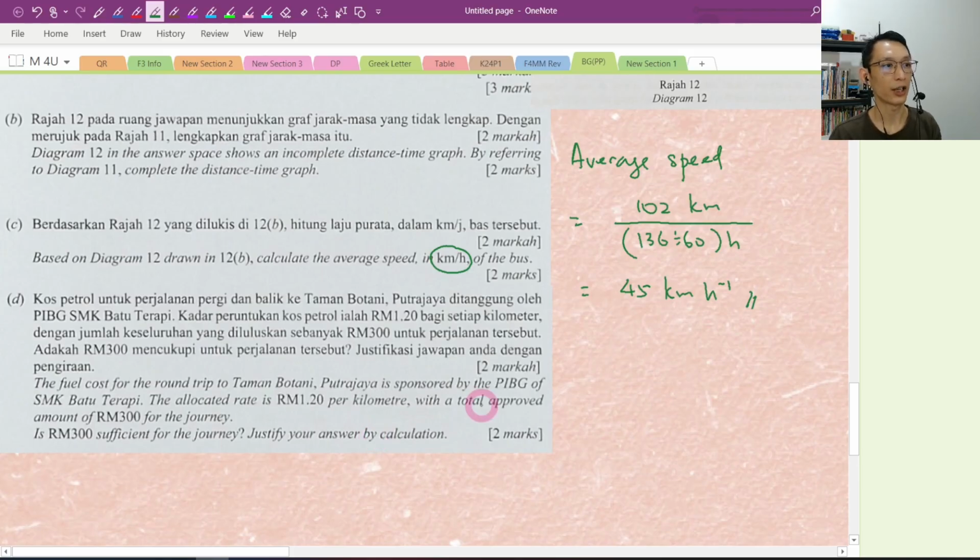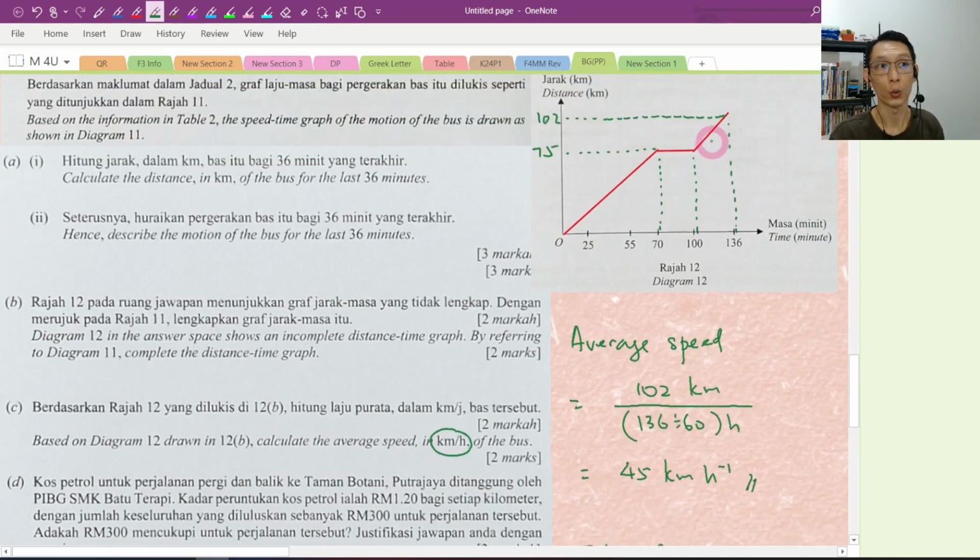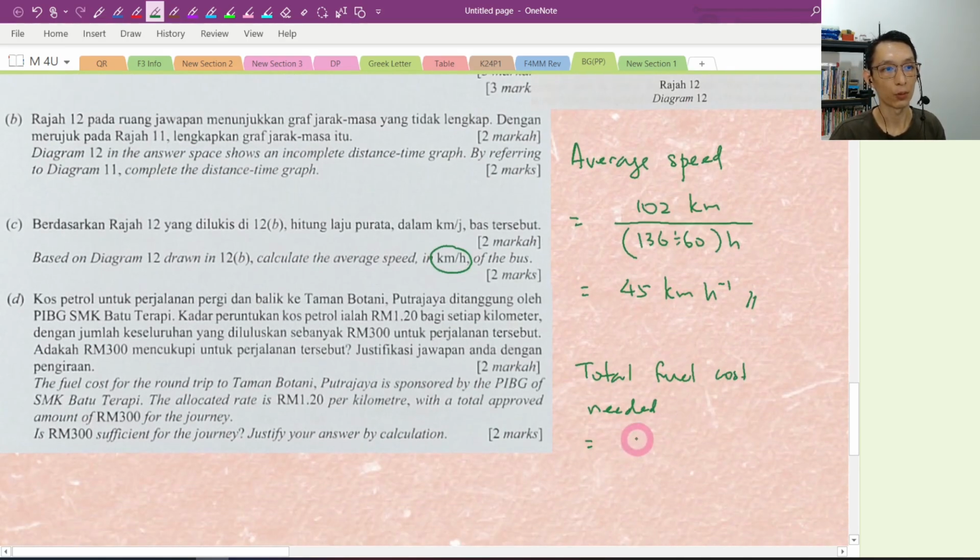So let us calculate the total fuel cost needed first. Go and back, so it will be 102 plus 102 kilometer, right? And then we are going to multiply it by 120 cents.